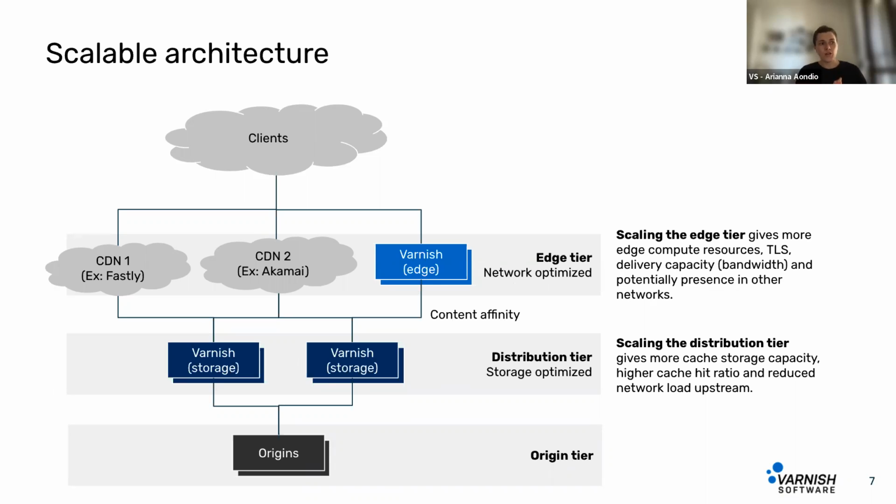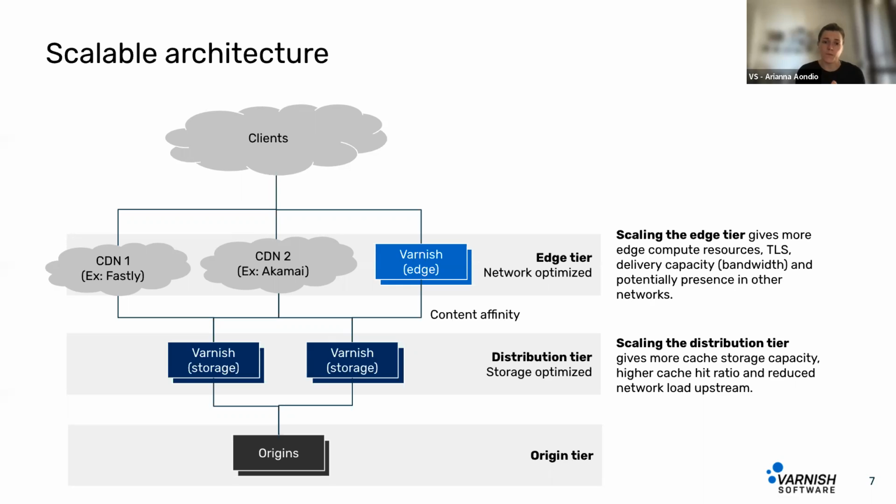But you can also scale horizontally, adding more storage nodes, or even replicating a POP completely, or having as many POPs as you really need to deliver content to your end users.